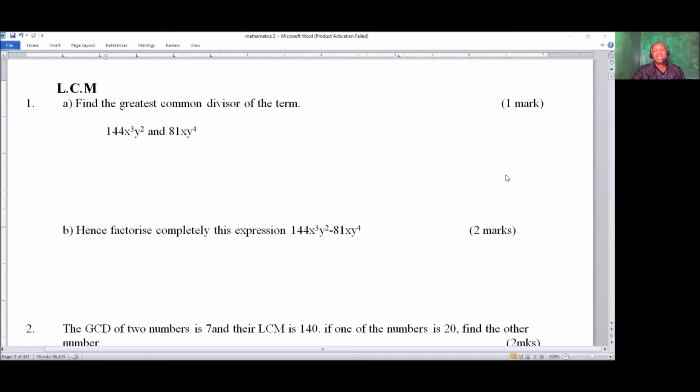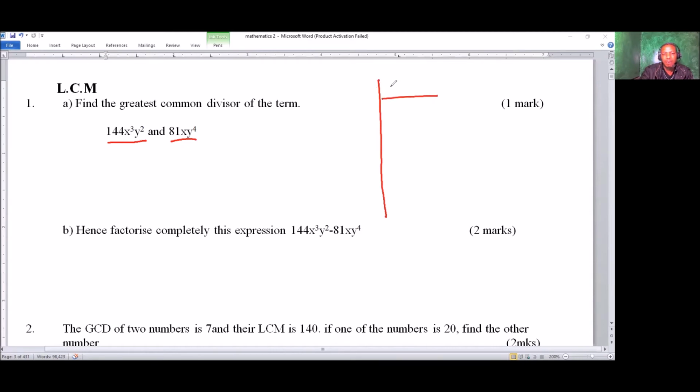By question 1, to find the LCM here, we need to get the factors of 144x cubed y squared and 81xy to power 4. I can use this method.